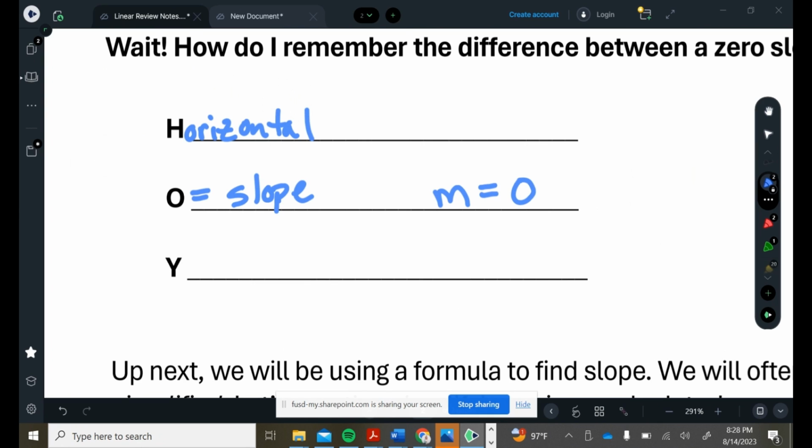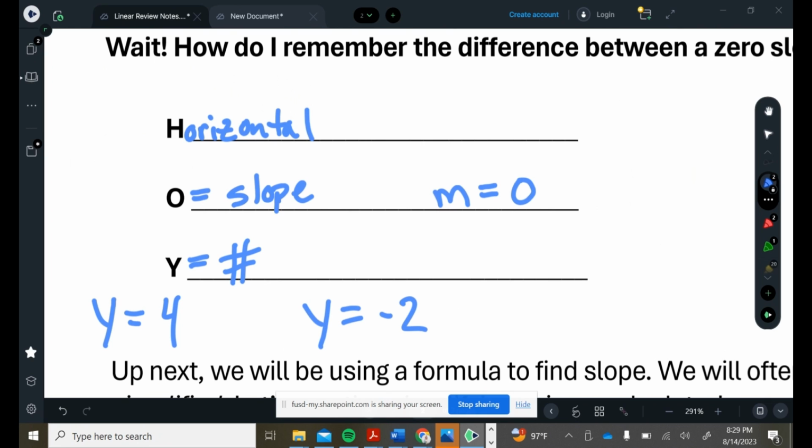Now the Y down here at the bottom is because any horizontal line is going to have an equation that looks like this: Y equals, now that there is not a hashtag. Matter of fact, we used to call that a pound sign, but that just means any number. So Y equals some number. That's the equation of a horizontal line. And here's an example. Could be Y equals 4, or it could be Y equals -2.